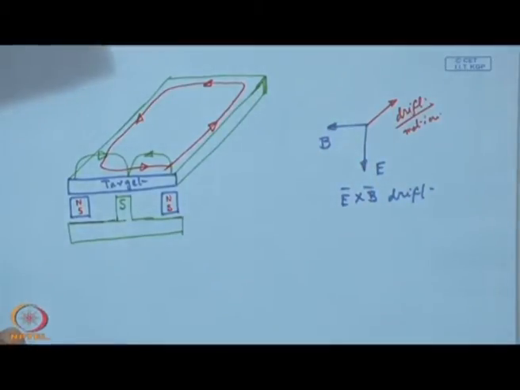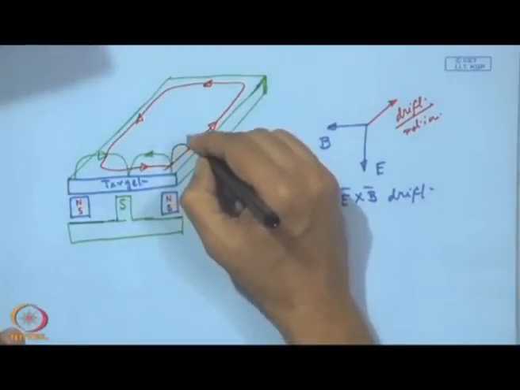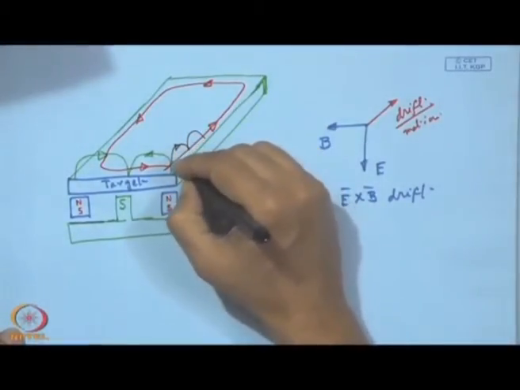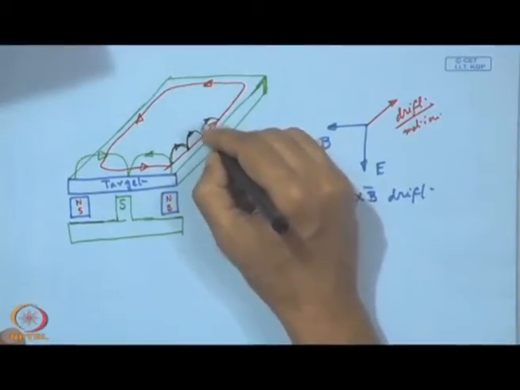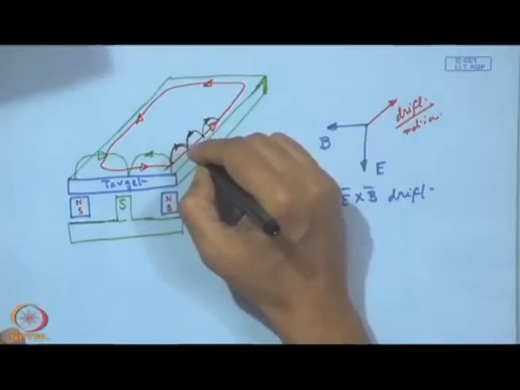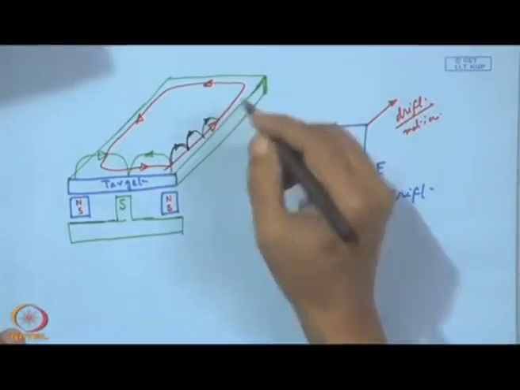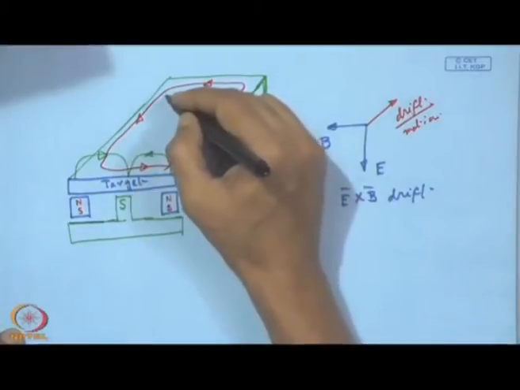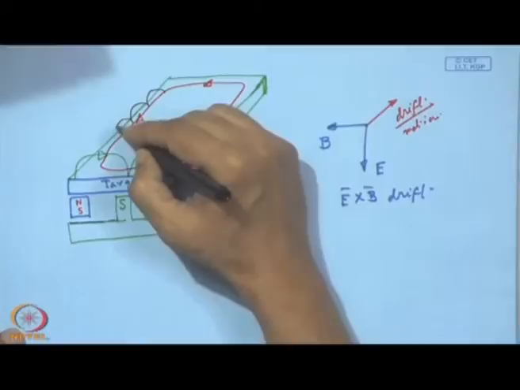However, over this we have to superimpose this cycloidal motion, this cycloidal path. It will be something like this, and it will move in this form, directed in this direction, and on the other side it will be in this way.